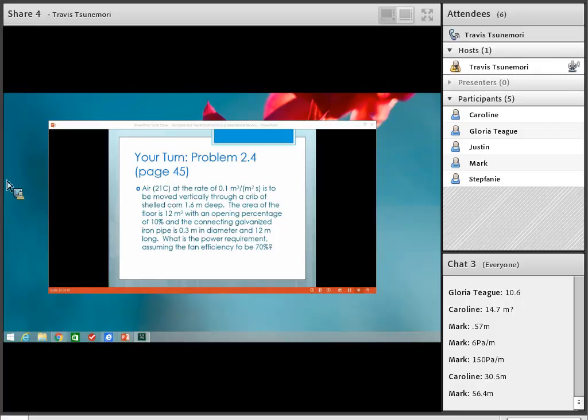So you're going to multiply your 56.4 times your volumetric flow rate, which is 1.2 meters cubed per second, right? Times your density of the fluid, which is 1.202 kilograms per meter cubed, and G, 9.81, and then you're going to divide by your efficiency, which is 0.7.